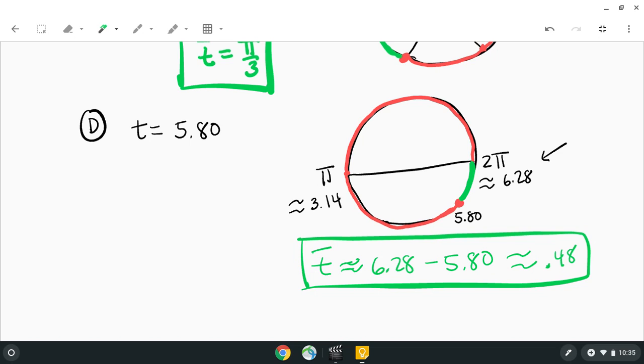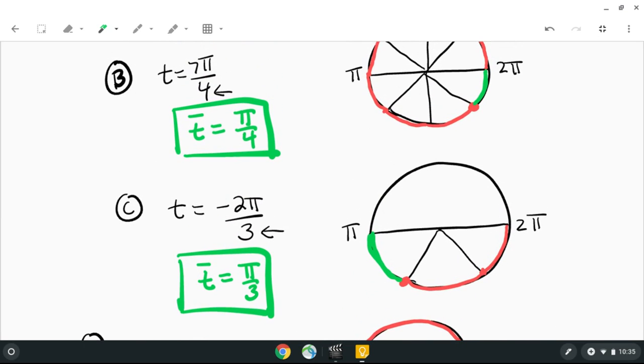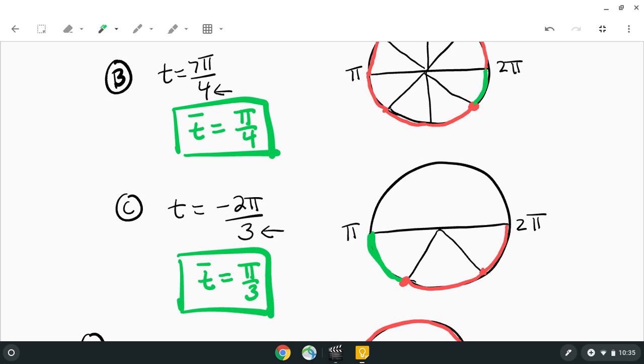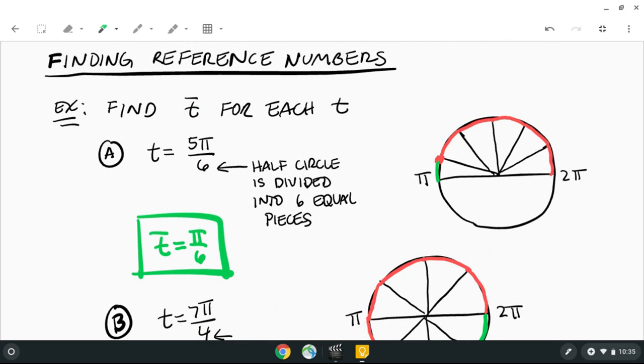All right, so let's take a look at using reference numbers to find the x and y value. You'll notice here, the ones up above, these A, B, and C all have reference numbers that are related to the ones that you had to memorize. Pi over 3, pi over 4, pi over 6.